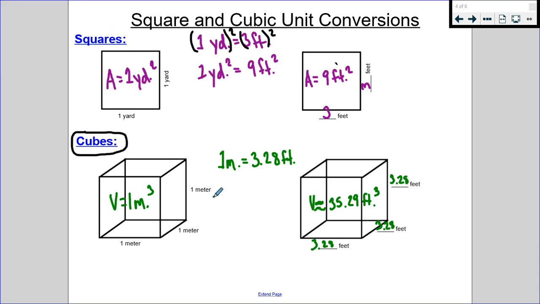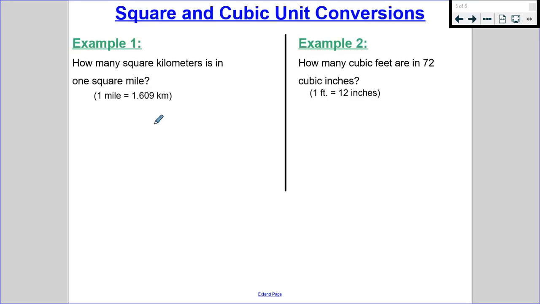So if we do the cube, I'm really now going to multiply that value 3 times. For a square, we'll multiply it by itself 2 times, and for a cube, we will multiply it by itself 3 times. After we do that, we can use the same unit conversion strategy we did in the previous lesson, where we're going to use the unit conversion.